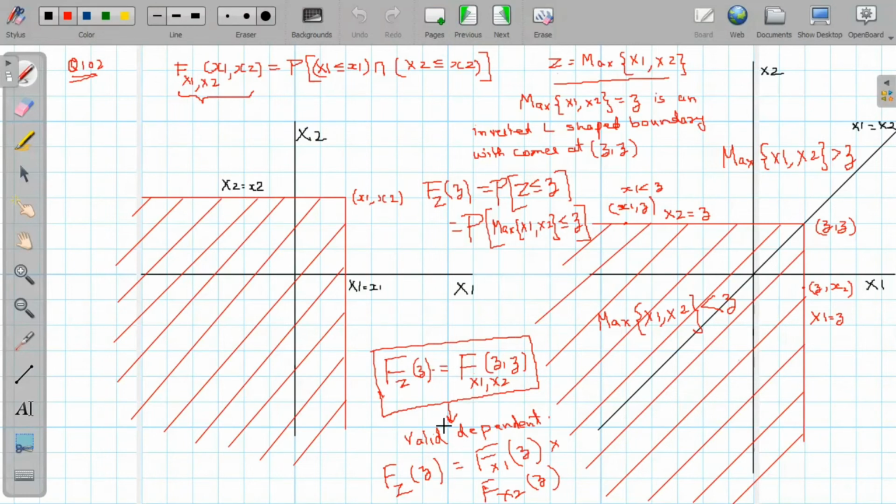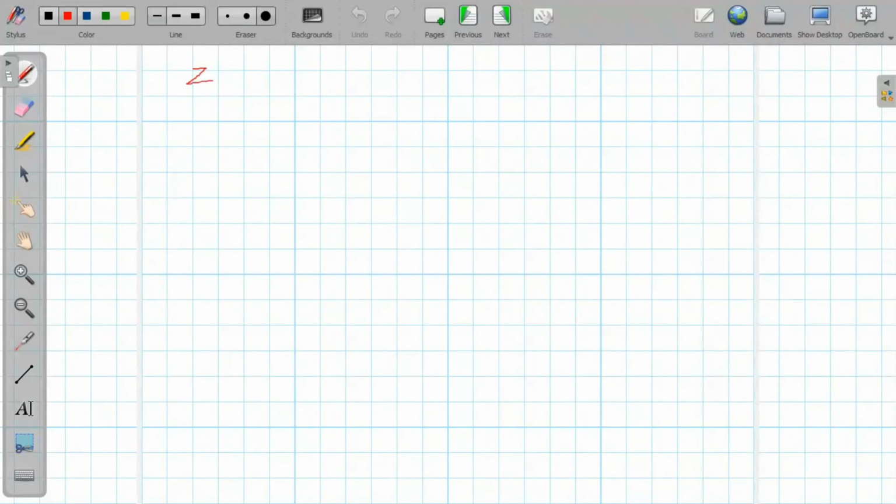So now we have solved it for two random variables x1 and x2. We can generalize this for n random variables. So let's see now the result for n random variables also. Z is equal to maximum of x1 comma x2 comma x3 up to xn. We are given n random variables.